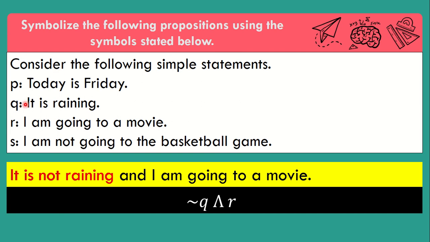Proposition Q is it is raining, so since this statement is it is not raining, we have the negation of Q. And we have the word and, so we use the inverted V as our symbol. And we also have I am going to a movie, which is proposition R. So the symbol is negation of Q, inverted V, R: it is not raining and I am going to a movie.